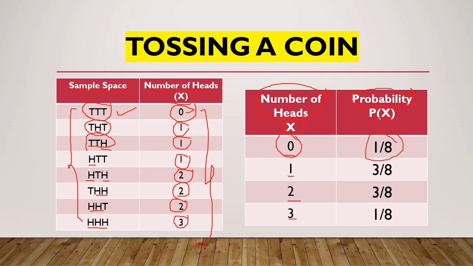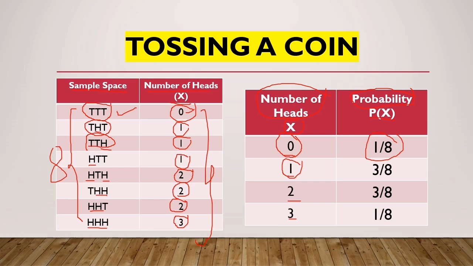Now where did we get 8? 8 is the total possible outcomes from tossing a coin. So we only have 8 possible outcomes. That is why the denominator is 8. Next, what is the probability that the number of heads that would appear is 1? Now from our table on the left side, as you have noticed, we have three outcomes that have one head.